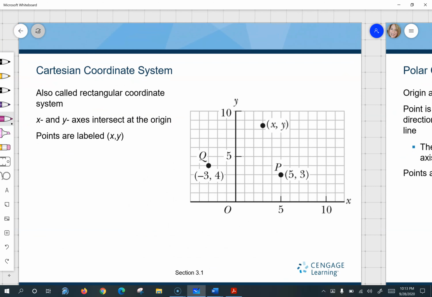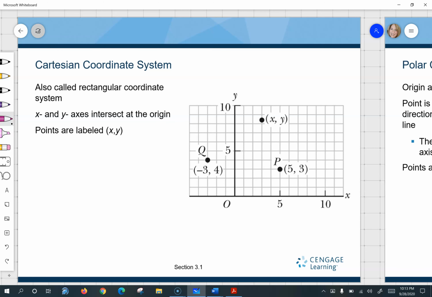All right, so looking just specifically here, if you had your X and Y coordinate system, if this point would be over 5, up 3. This would be over to the left 3, and negative 3, and up positive 4.